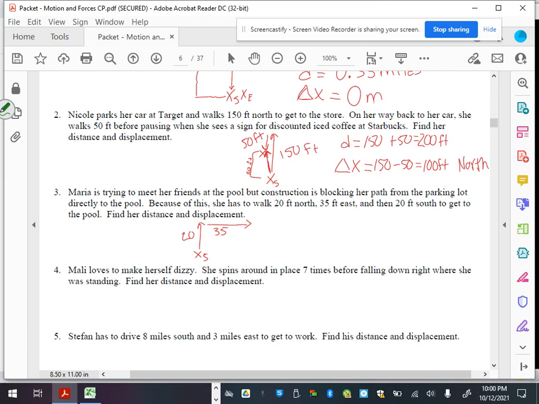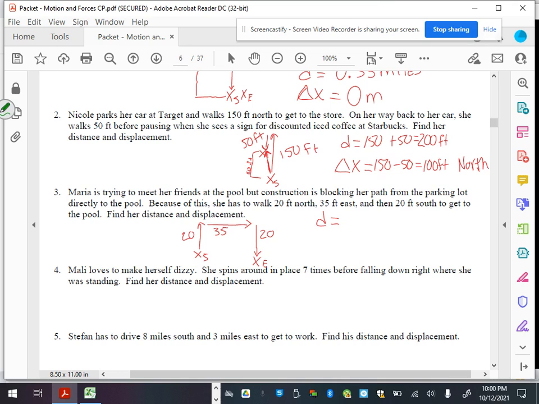Then it says she walks 20 feet south to get to the pool, which is where she's ending. So that was 20 feet south. My job is still the same.